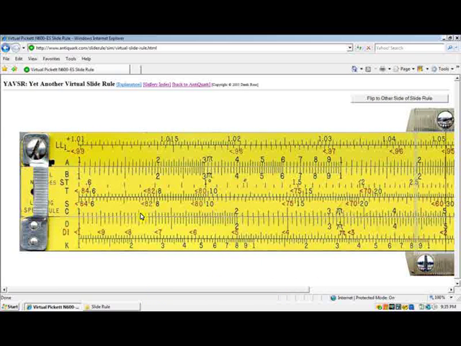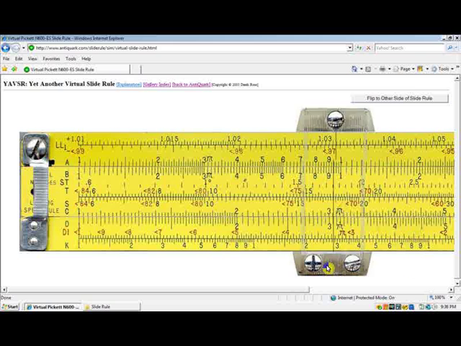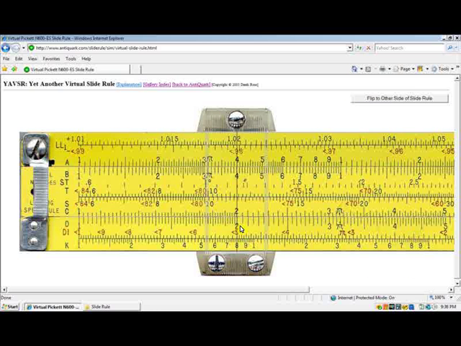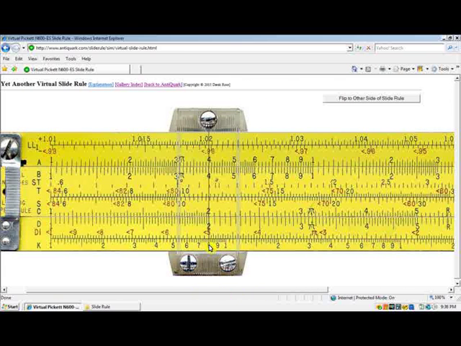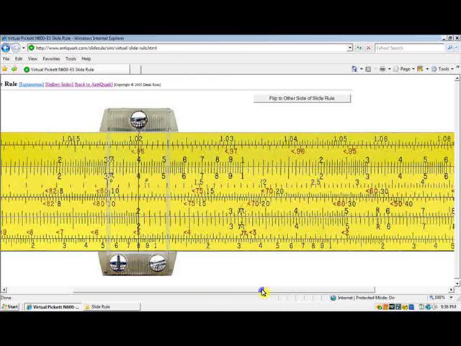And just the way you had the relationship of squaring going from the D to the A scale, if you go from the D to the K scale, you get cubes. So I line up there with the 2, I get 8. Likewise, the cube root of 8 is 2. I can read it in either direction.